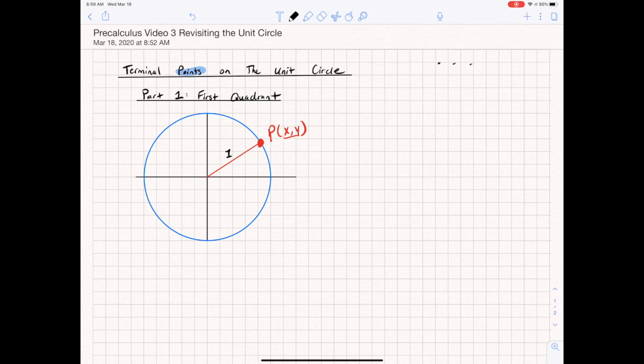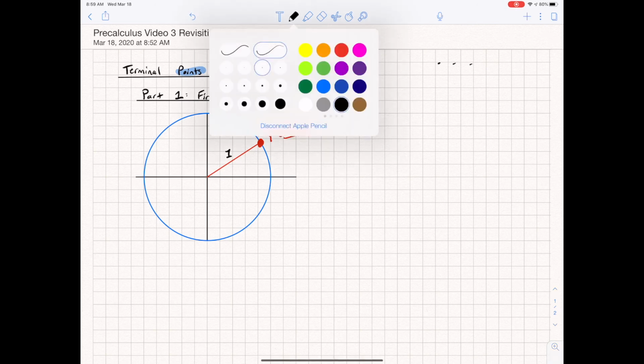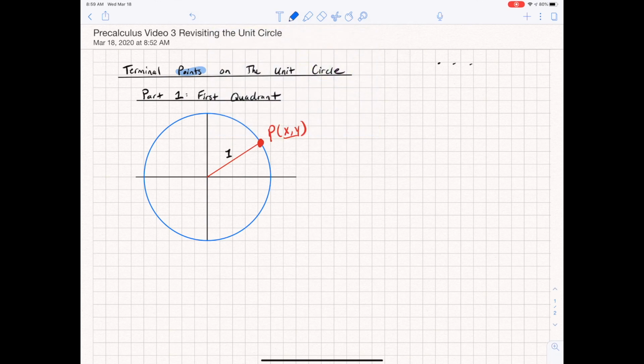Based on how the coordinate system works, this distance here is x and this distance here is y. And if you notice, this overall shape is a right triangle.